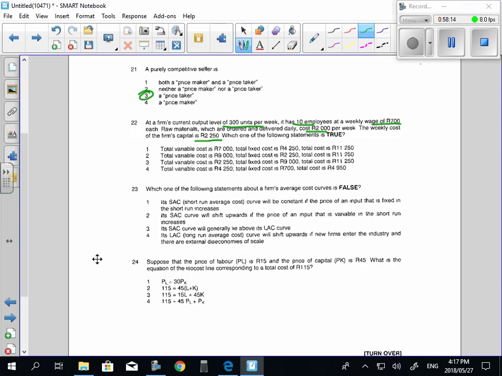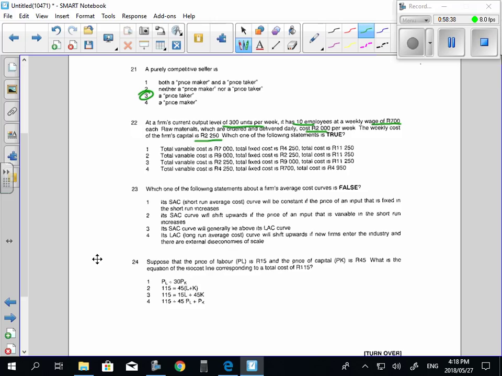In this case, you've got two things that would make up your variable cost. What is variable cost? Cost that varies with quantity of output. So if you increase your output, you will have to employ more workers. Okay? So there, the workers increase with quantity of output. The other thing, inputs. Okay, raw materials which are ordered and delivered daily cost 2,000 Rand a week.